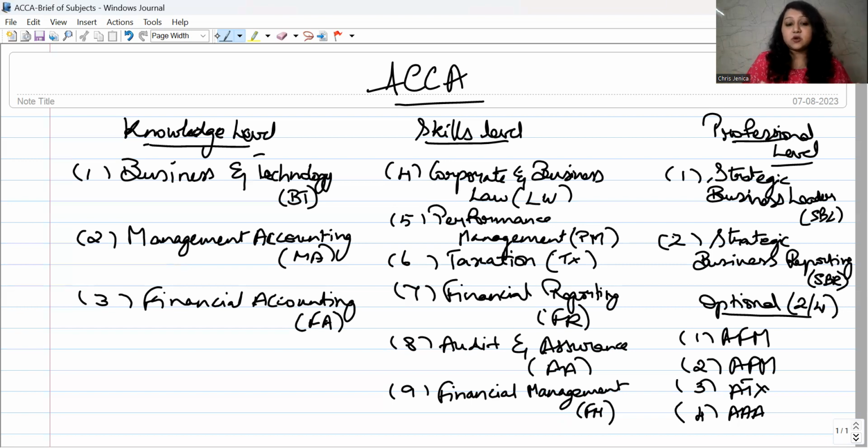That's basically business and technology. You will also be learning certain data analytical techniques in a very small context. Then management accounting is a paper where you will learn more of cost accounting techniques.